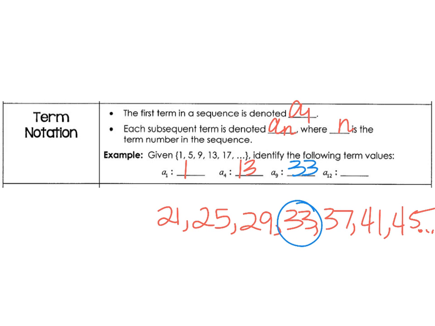Then 37 would be our 10th term, 41 is our 11th, 45 is our 12th term. So A sub 12, or our 12th term, is 40. Oops, why did I write 42? It's 45. So the 12th term is 45.